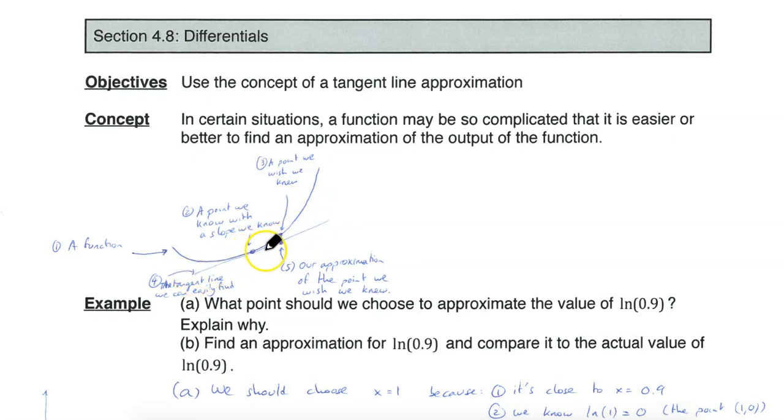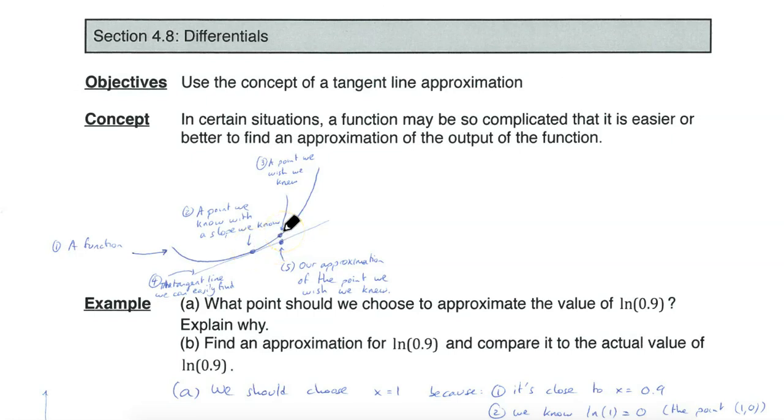And so if you're wondering about how high is a point nearby, then you can find an approximation by finding the point on the line that is tangent. So in order, you are given a function, or you know there is a function but you don't know its equation. You know a point and the slope on that function, and you wonder about another point on the function.